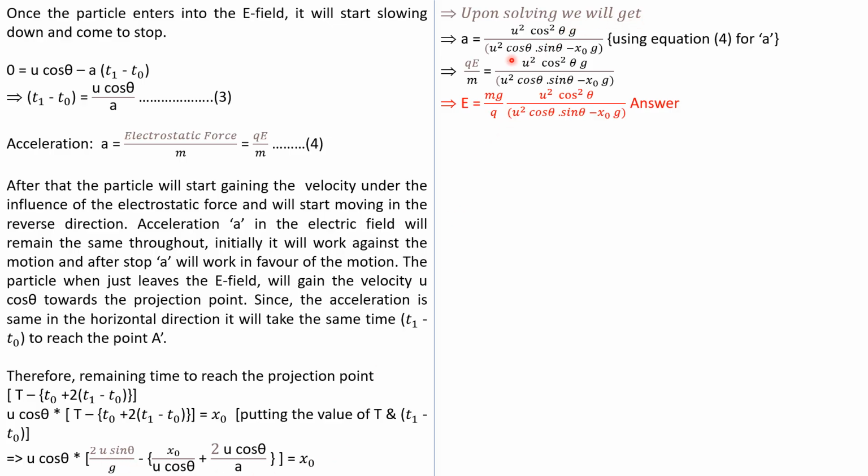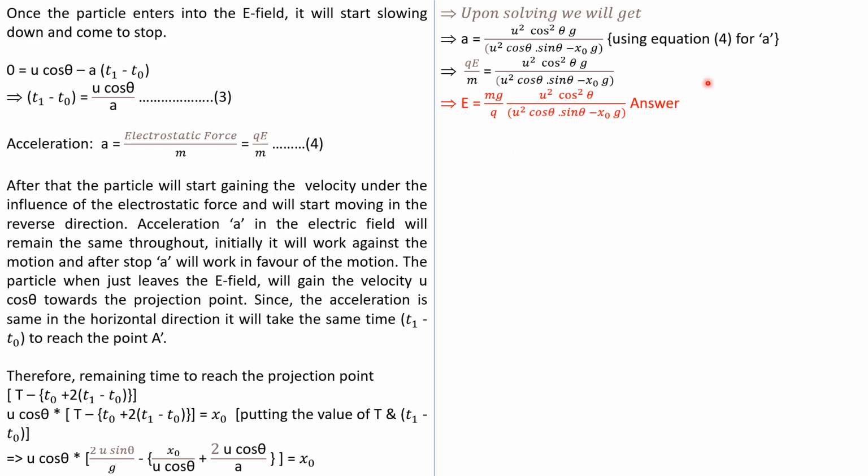Upon solving, we will get A is equal to u square cos square theta divided by u square cos theta into sin theta minus x naught g. A from equation 4, we will put the value qE by m.